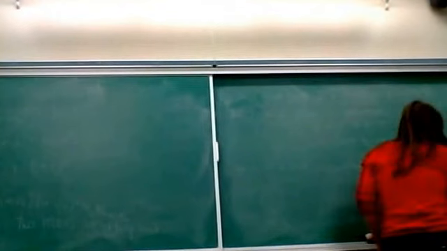Now, what is u dot u? It's the magnitude of u squared, and the magnitude of u is 1. So we're going to replace u dot u with 1.